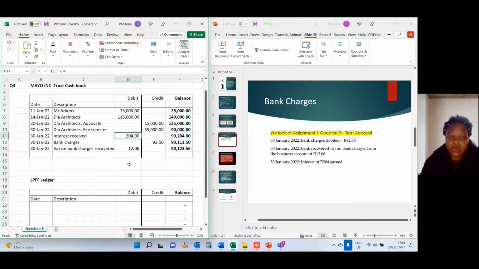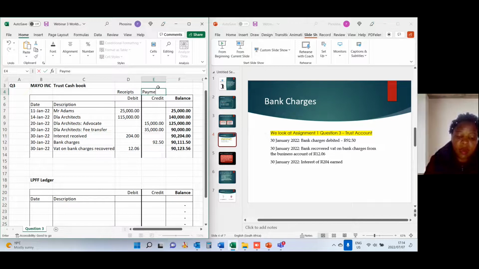So what is going to happen is that on our debit side of the cash book, which is also more of like our receipts, and then the credit side is our payments. So when we are doing a T account of a cash book, then we are supposed to show that the debit side is for receipts and then the credit side is for payments, so that it becomes easier.